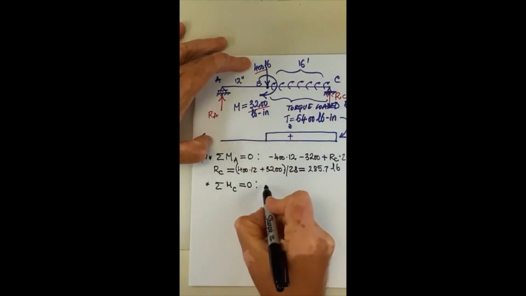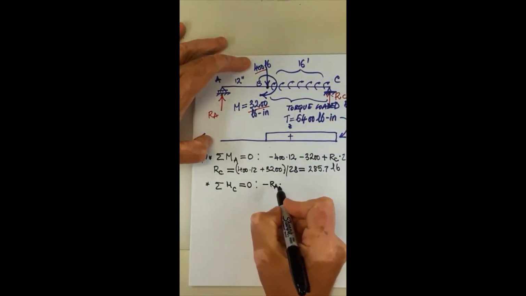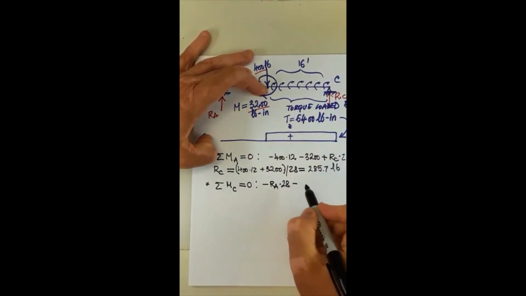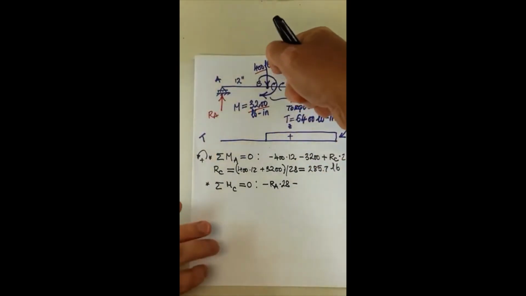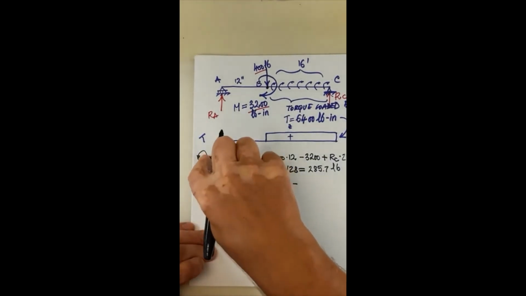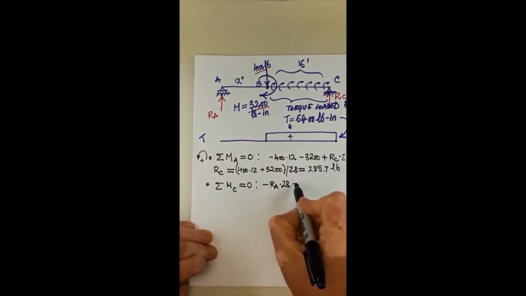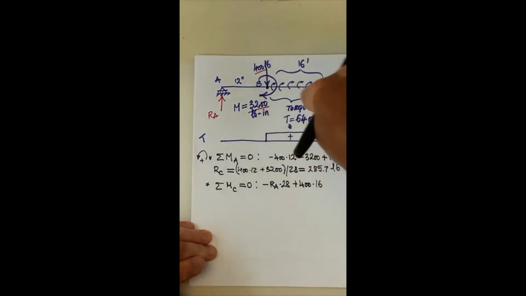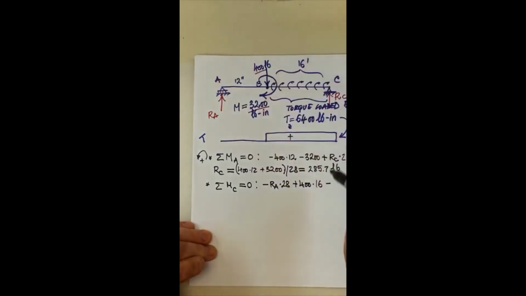I have a negative moment RA times the full length of the beam, which is 28, and then positive, since the 400-pound force creates a positive moment with this sign convention, 400 times 16, and then negative 3200 equals 0.